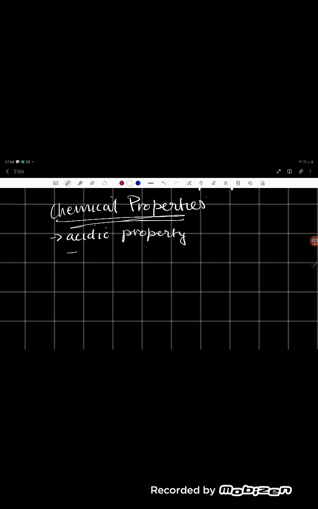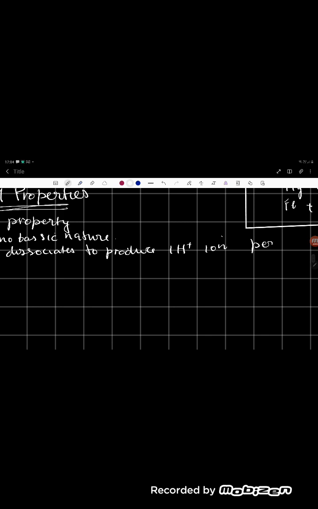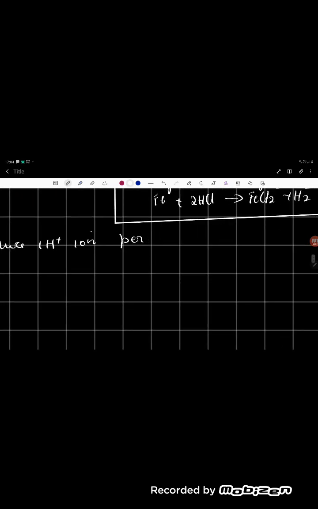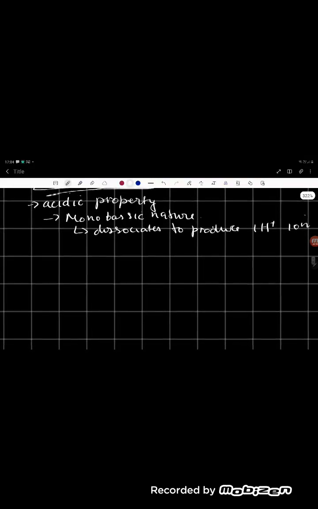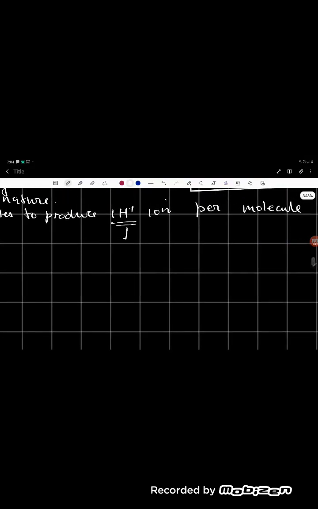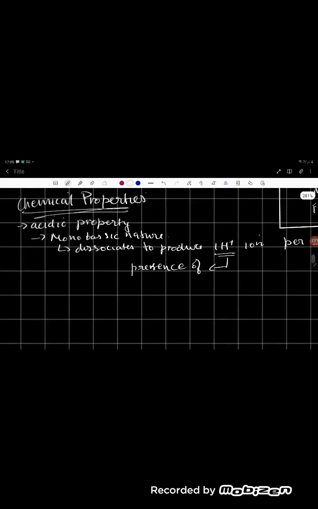It is a monobasic acid because it dissociates to produce one H plus ion per molecule, and its acidic nature is due to the presence of H plus ions.